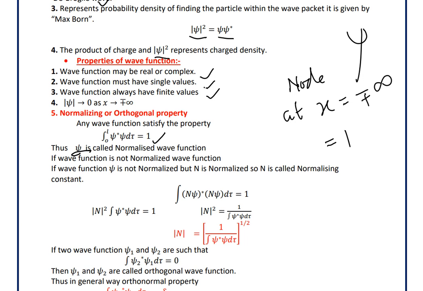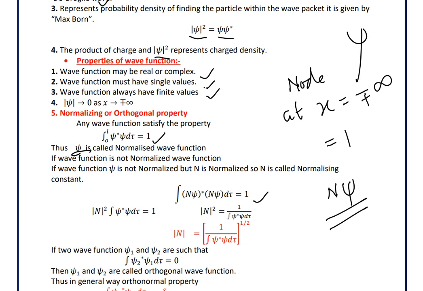If our wave function is not normalized, but if we multiply the wave function by a number n such that n psi is normalized, then we apply the condition integral n psi star n psi d tau is equal to 1.